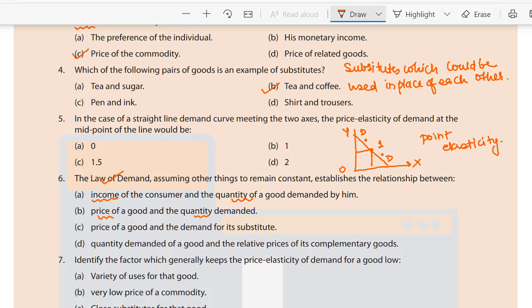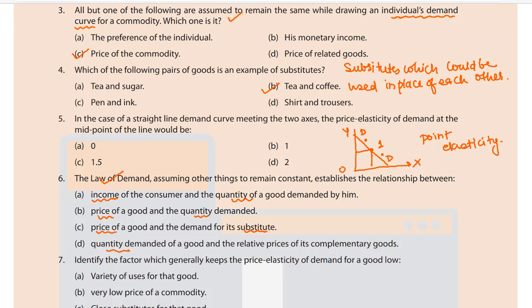C. Price of a good and demand of the substitute. And D. Quantity demanded of a good and the relative price of complementary goods. Students, as per the law of demand, the answer is B, that is price of a good and quantity demanded.